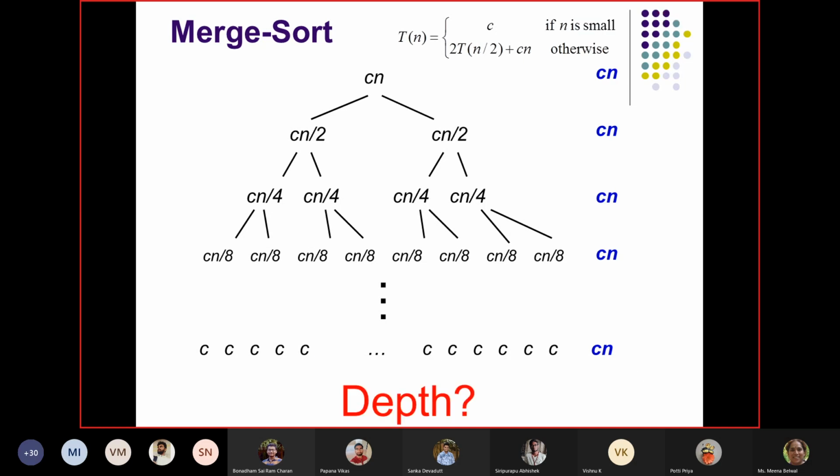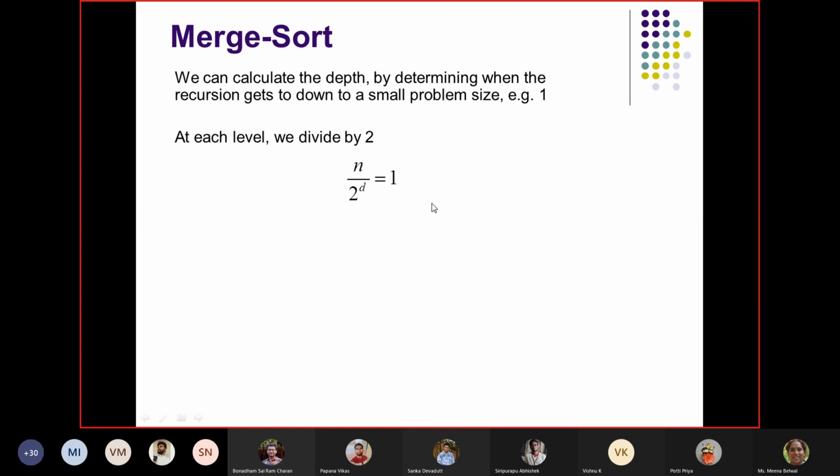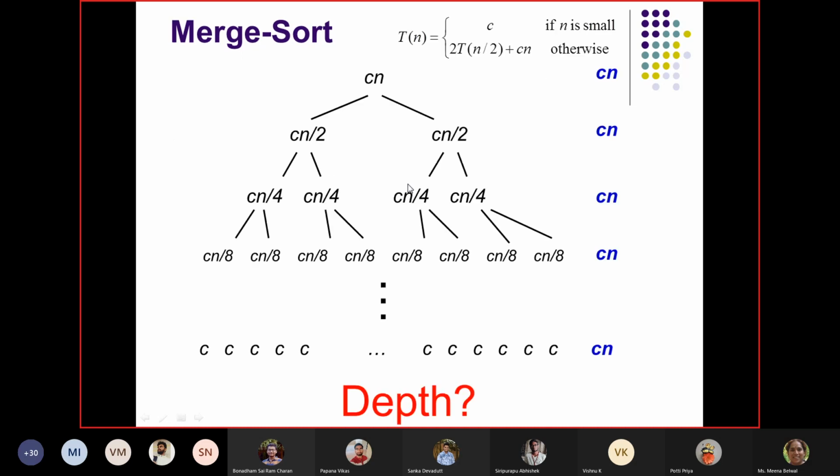Right? So what is the depth? How long are we going to go? Suppose it is a depth of D. So if it is a depth of D, at each level we are dividing it by 2. So n divided by 2 to the power of D is going to come as 1. That's what we are doing every time. If you see, N divided by 2 means depth is 1 at the first level.